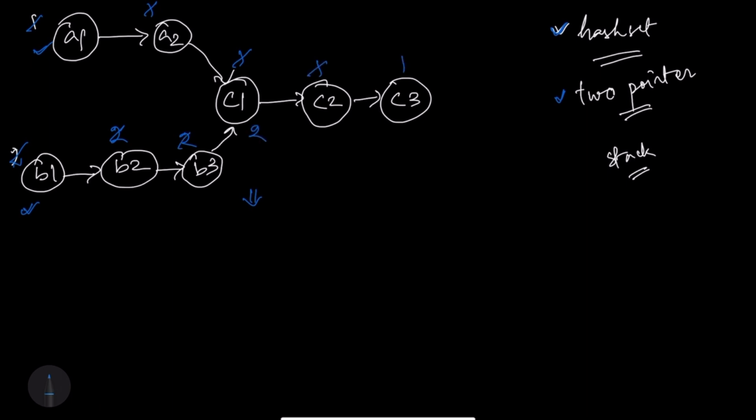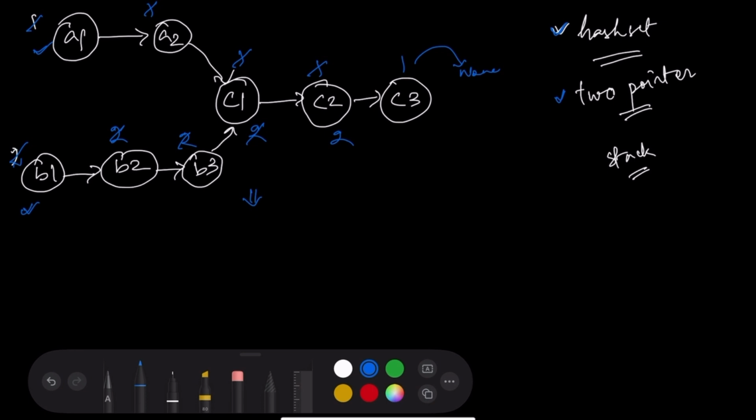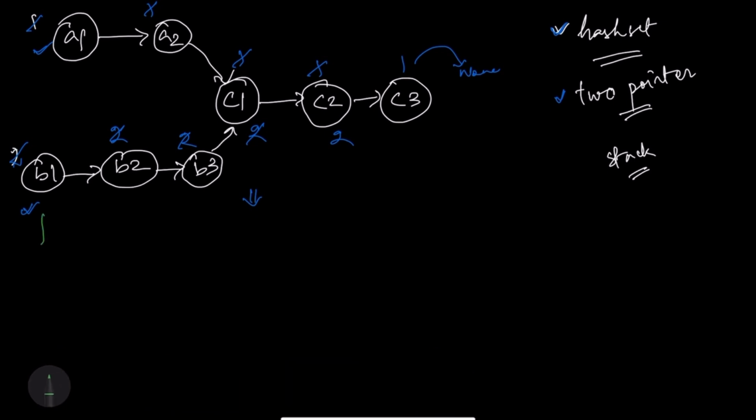Now in this iteration our 1 will go to none. As soon as it is none, we will be assigning 1 to our B1. At the same time our 2 will reach here. So let's see it here.